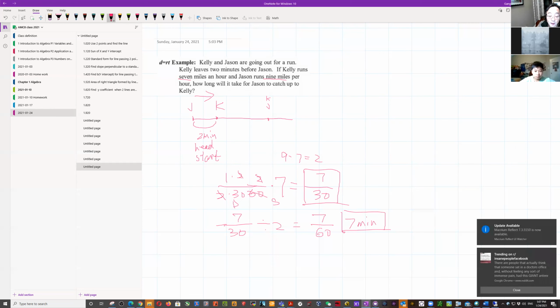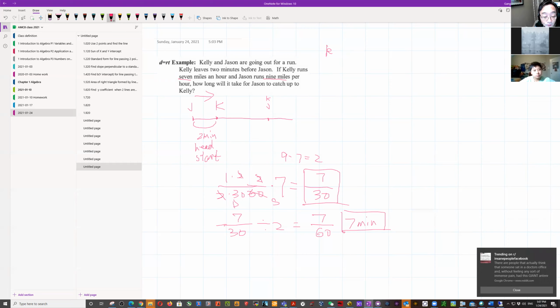Let's assume Kelly and Jason, and let's use the typical formula with rate, time, and distance to solve this problem.